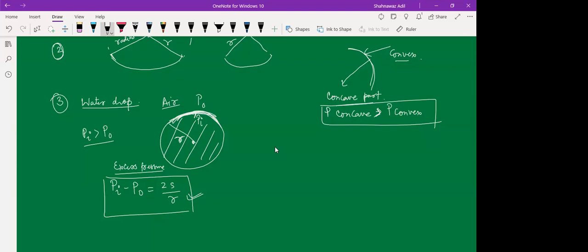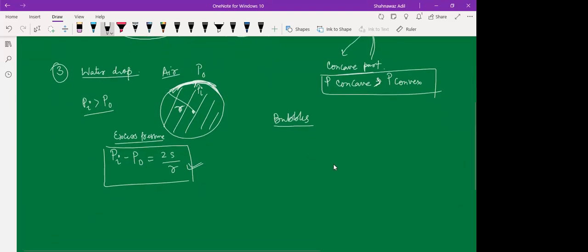But for the bubble case, we had three layers. This was air, then we had this bubble layer, which was liquid, and then air again.